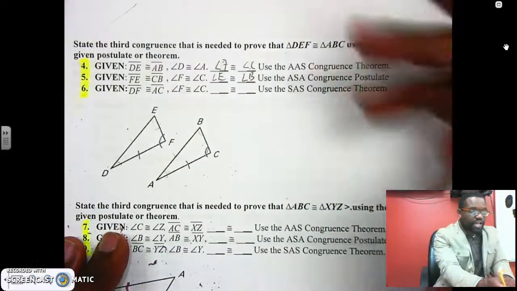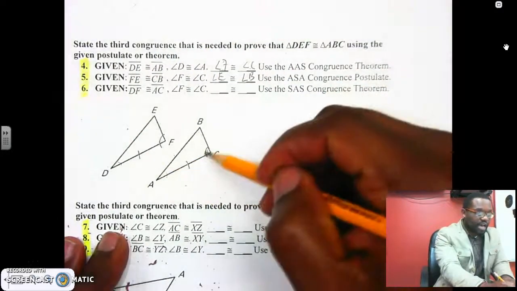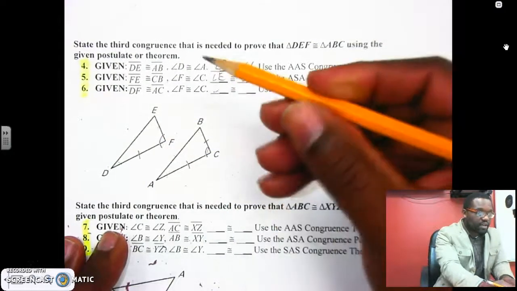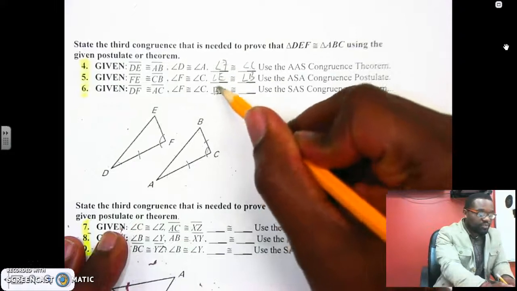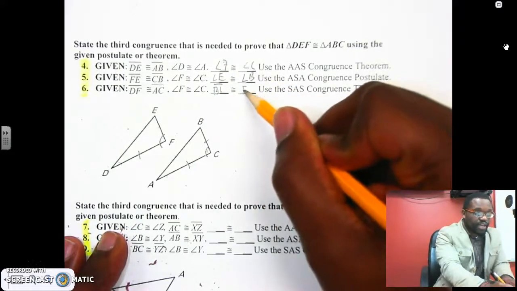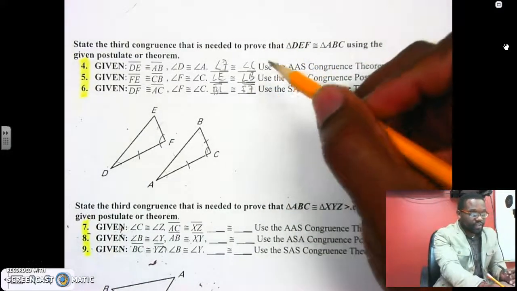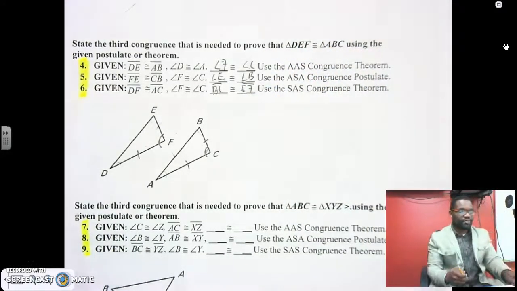So if we need to do side angle side, it'd be BC. I would need BC to be congruent to EF. Now I hope I just didn't completely mess that up. If you got questions on that, I'll try to clear it up for you.